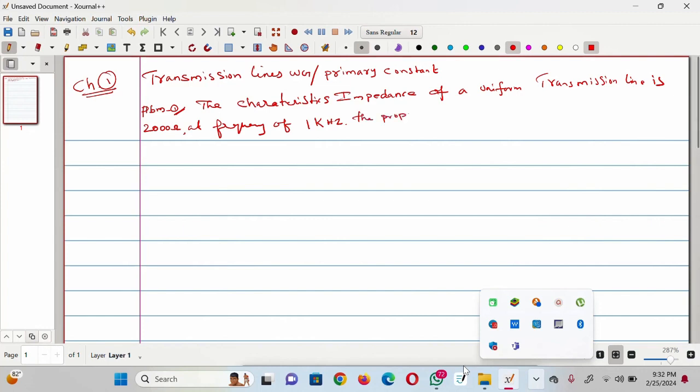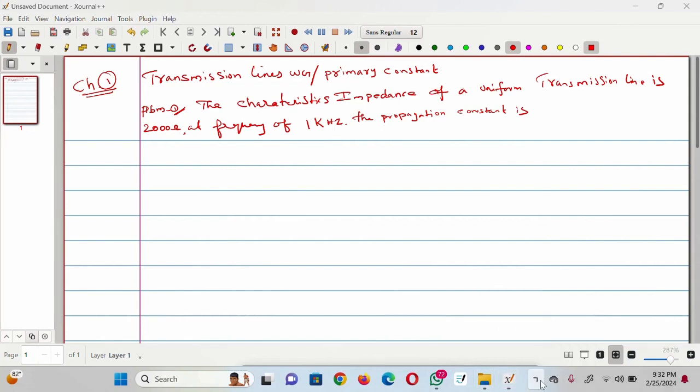And also they have given the propagation constant, which is around 0.054 angle of 60 degrees.